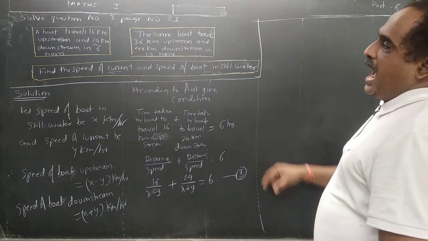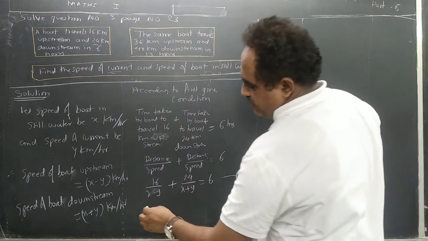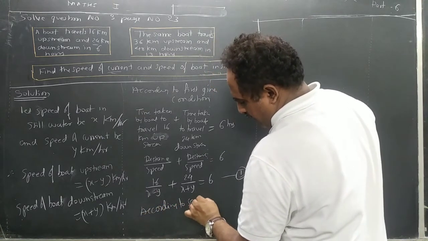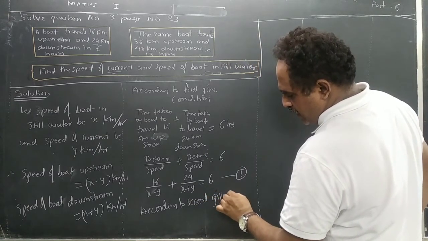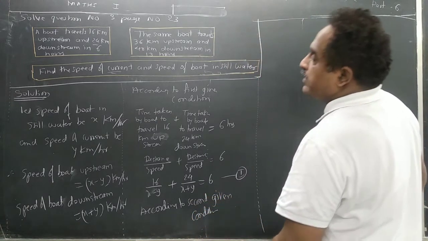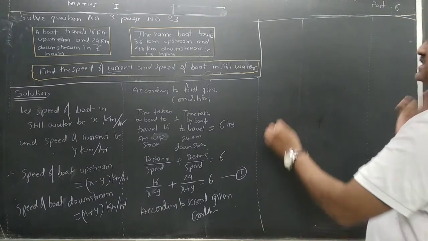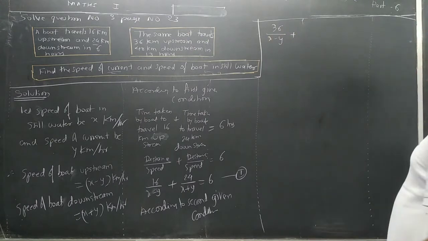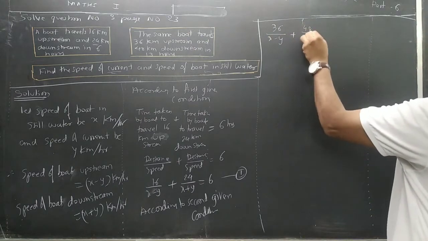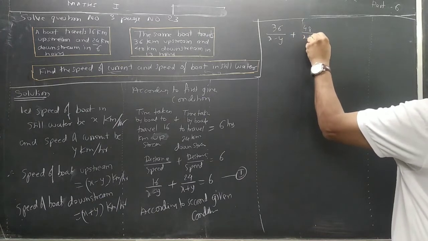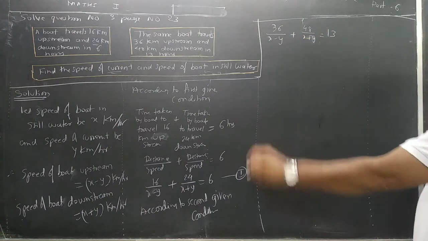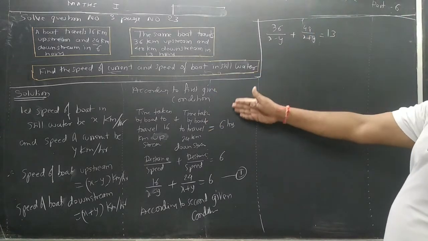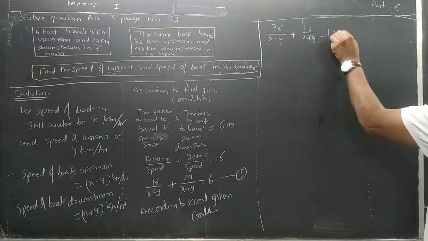In the same way, according to the second given condition, I can write 36 upon x minus y plus 48 upon x plus y is equal to 13. Now you have seen how we have taken it. No need to write all the things, just write down the equation. This is equation number 2.